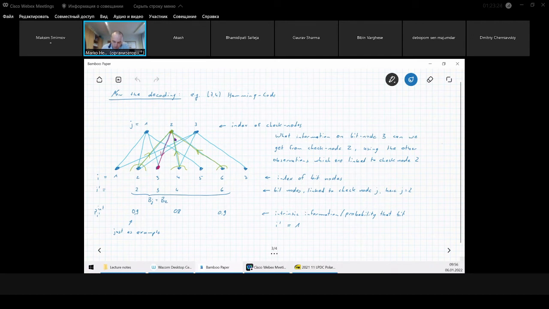So then, of course, also with a high probability, bit node 3 must be a 1, because then we will have the sum of 4 ones here, which would also already fulfill this constraint that our check node must be 0 at the end. So if we have here very likely 1 bits, then from this we can conclude that bit 3 is also very likely to be a 1. And actually, we calculated the probabilities that this will happen.